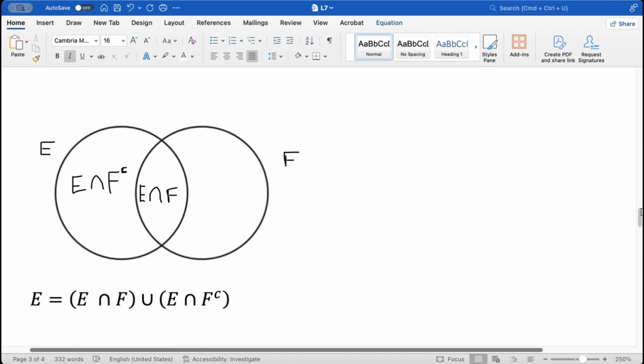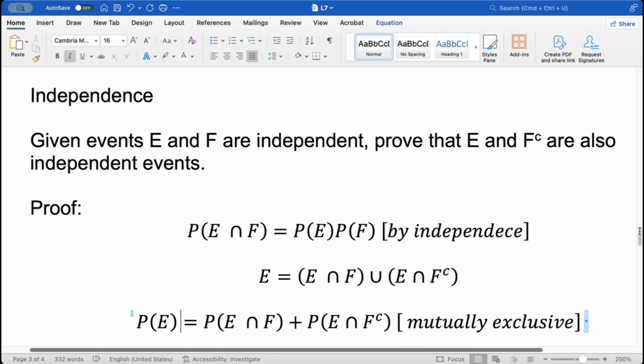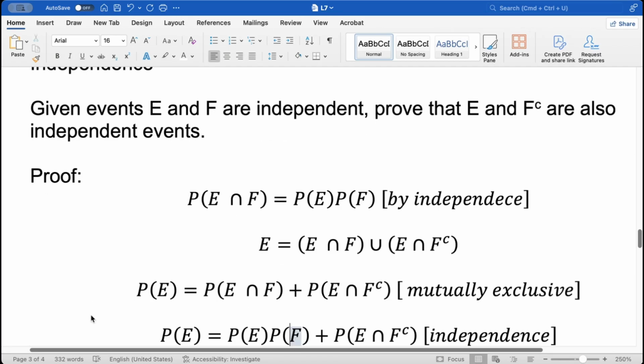They're mutually exclusive. Their intersection is empty. So because of that, the right-hand side, the probability of that union is the sum of the probabilities. Now, we know that E and F are independent, so the probability of that intersection, E and F, is just probability E times probability F.